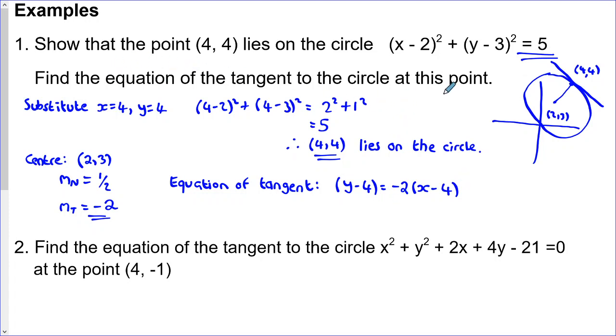We're not asked for a specific form, so this would be perfectly fine, though we might like to rearrange that into y equals mx plus c, since there's no fractions going to be involved. We'd get a positive 8 plus another 4. And we've got it. Equation of the tangent.